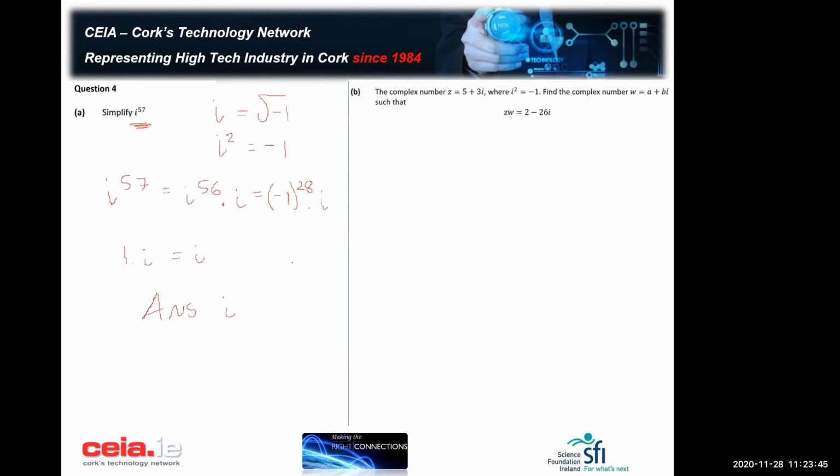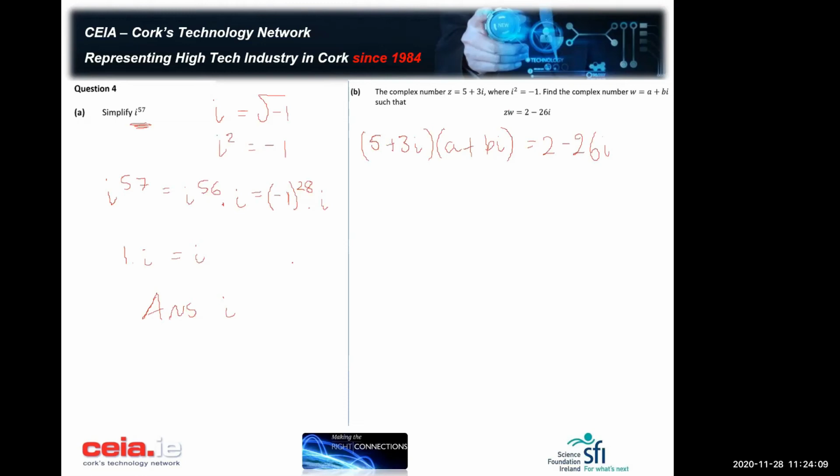So what we would do then is, we know that they're telling us that zw, so that's 5 plus 3i by a plus bi is equal to 2 minus 26i.